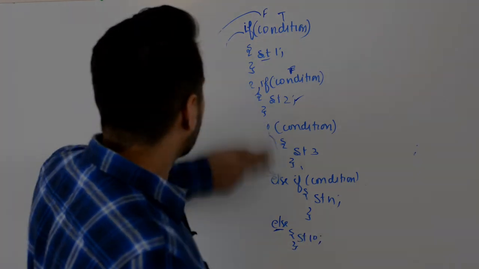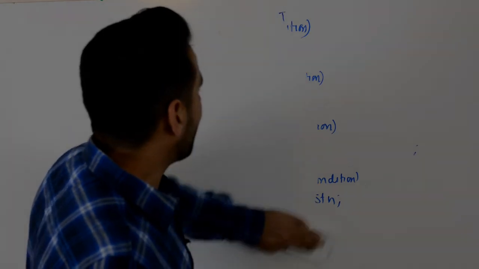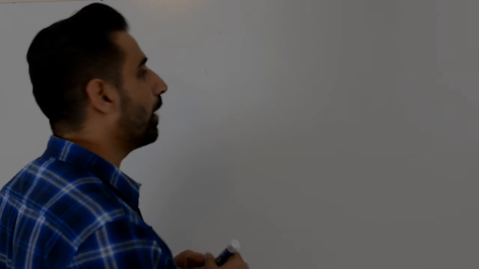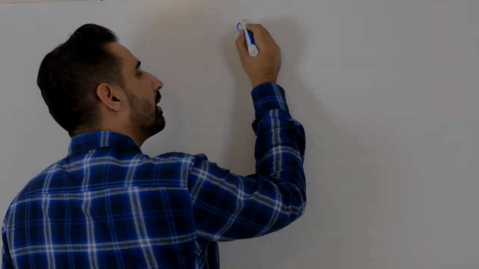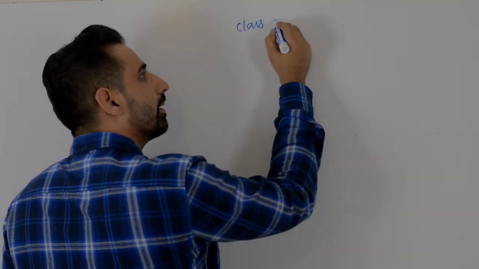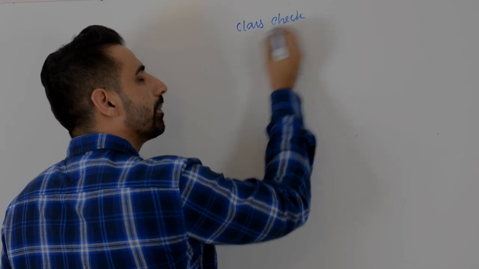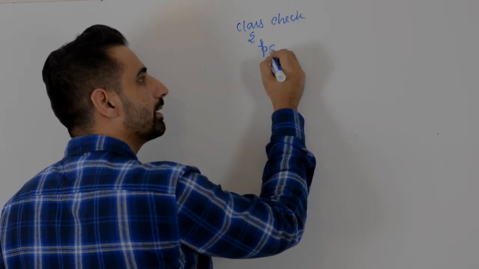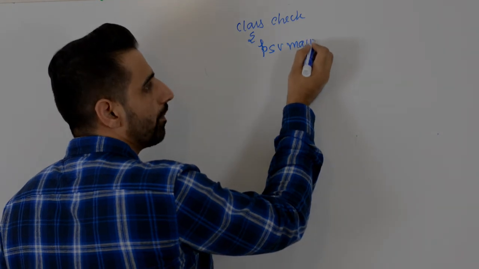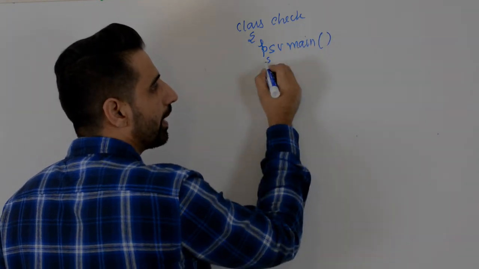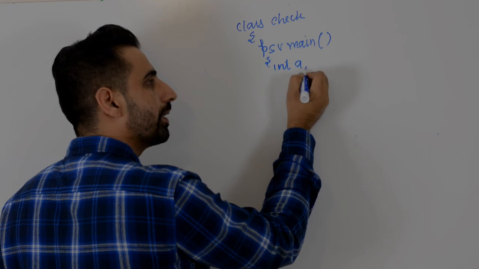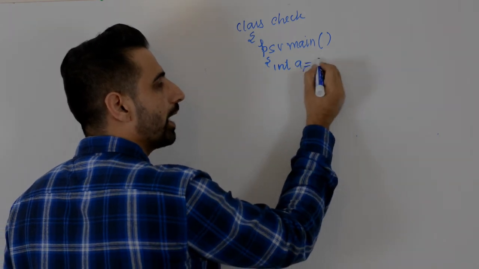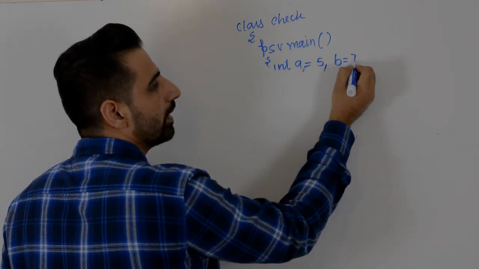Let's take an example. Now we have to check if A is greater than B, or A is less than B, or A is equal to B. For that we have to use an if else if ladder. I'll write down class check, and then public static void main, and here I write down two values, int A equals 5, comma B equals 7.